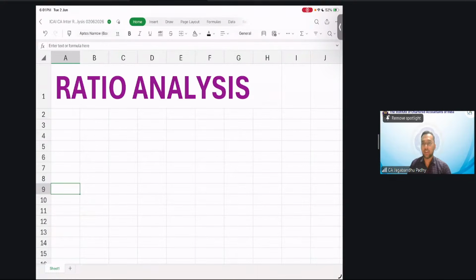So I welcome you guys again to one more interesting and interactive session on the subject of financial management, which is your paper 6A in CA Inter. In the last chapter, we had an overview of the various sources of finance.